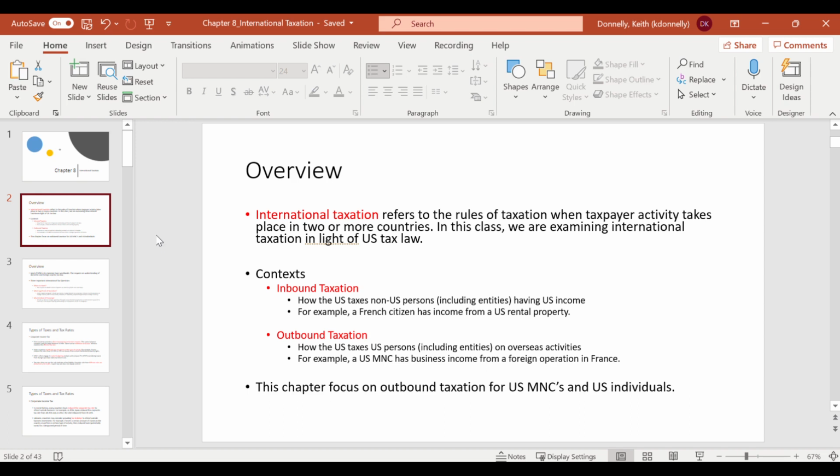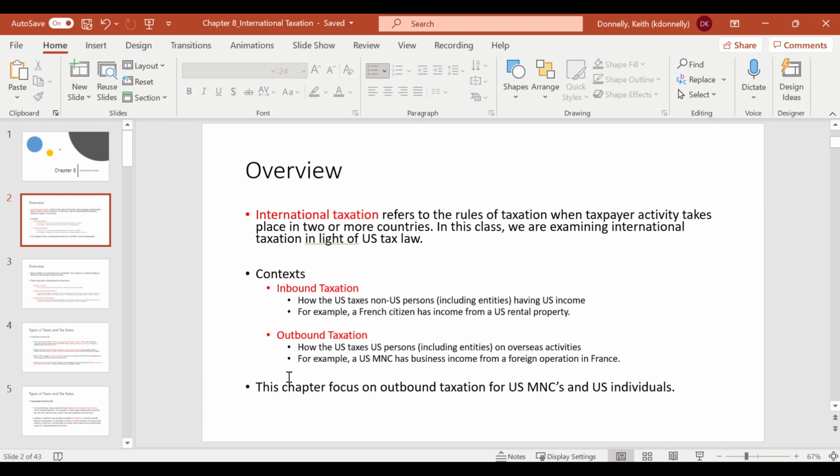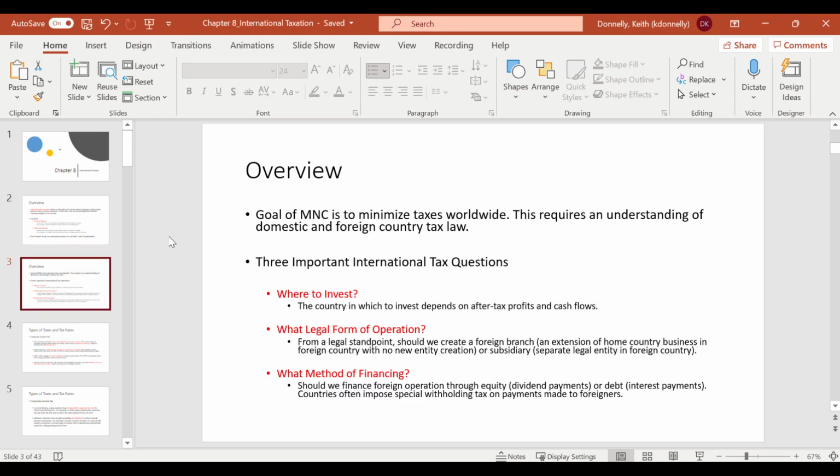So outbound taxation refers to how we treat and tax a U.S. taxpayer's income from activities outside the United States. So in this chapter specifically, we're going to be focusing on outbound taxation of U.S. MNCs and individuals. Inbound could be a separate whole lecture, but for right now, let's focus on outbound.